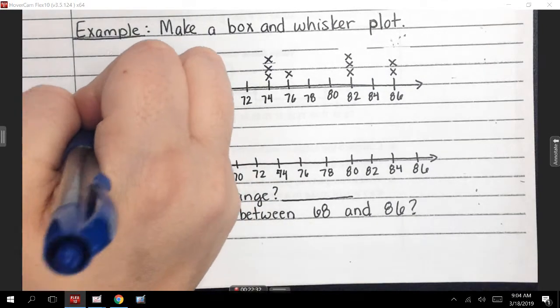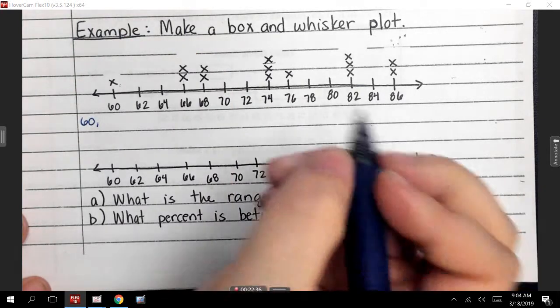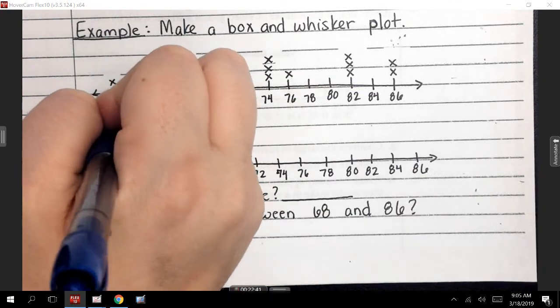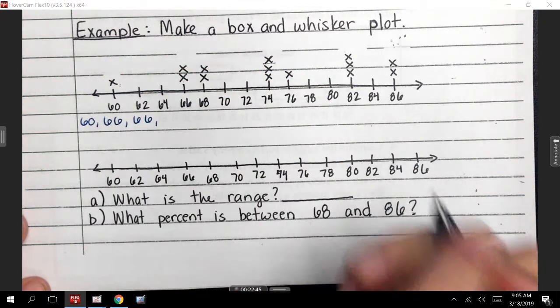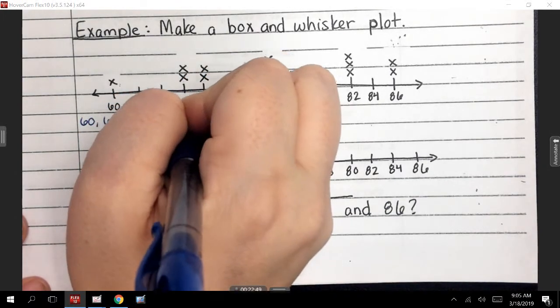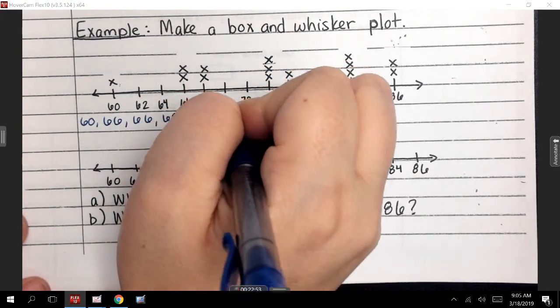60, all right? So I'm just going to write them in order right here. So after 60, so 60, then what, Madison? And how many? Twice, then what, Taylor? After 66, what? 68, how many times? Twice, all right? Then what, Kelly? 74. How many times? 3.